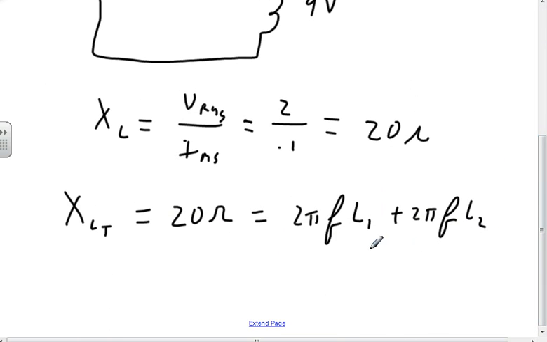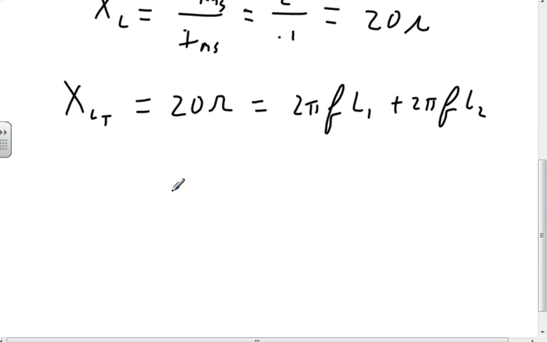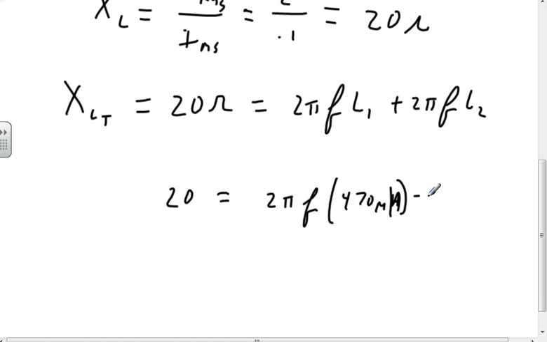And I know 2 pi F L1. So 20 is equal to 470, no, that's L1. It's equal to 2 pi F times 470 microhenry plus 2 pi F L2.